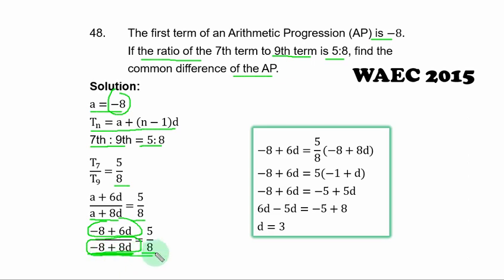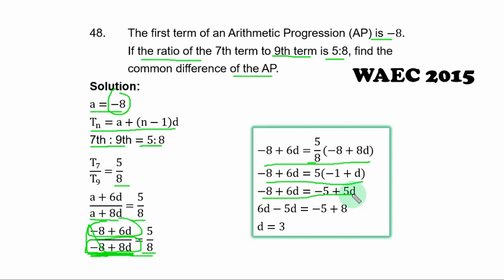You can as well cross multiply. So we multiply through with this term to remove it from the first side. It becomes this form, so that when you factor out 8 from here, it removes this 8. You are left with 5, bracket open, minus 1 plus D. That is what you have here. You open the bracket, you have this result.